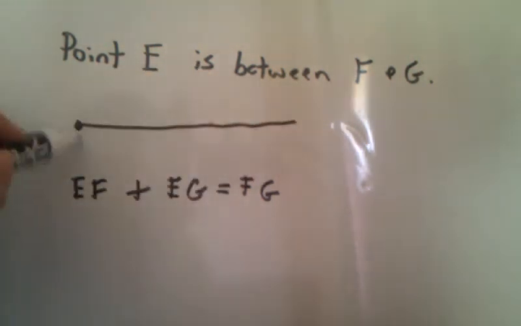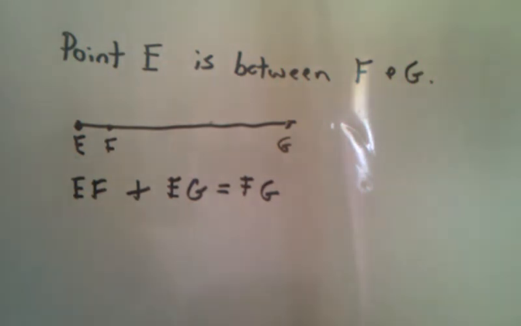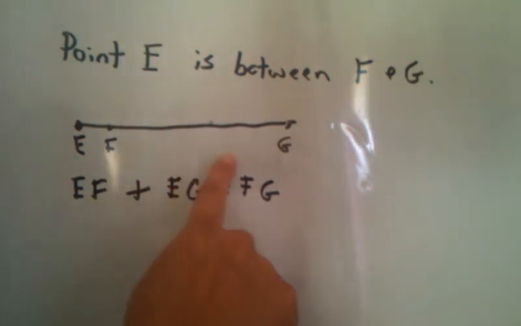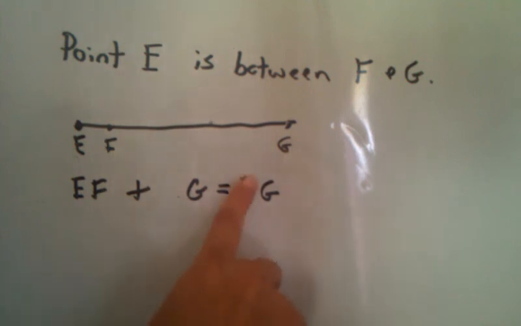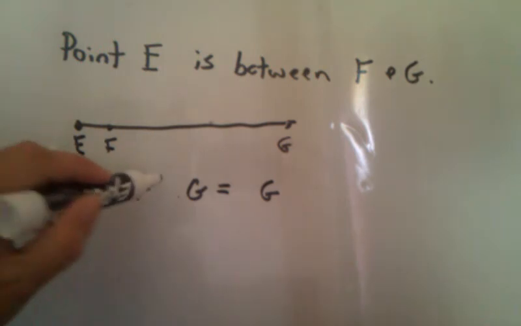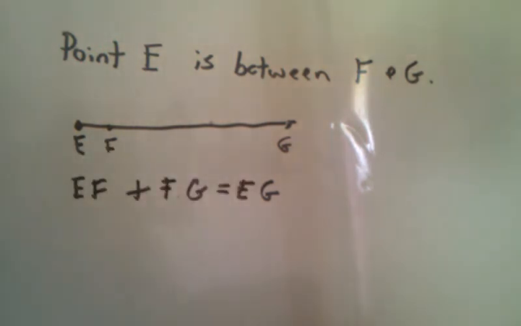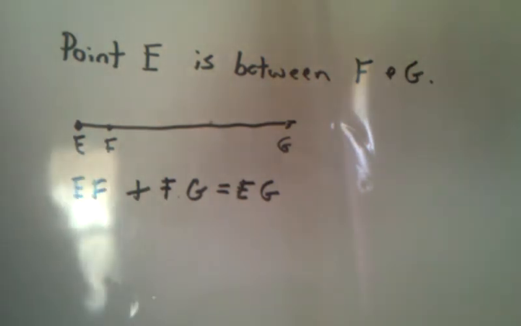I could put E, I could put F right here, and I could put G over here. And we could still say EF plus FG, EF, that should be an F. I'm sorry, I have those backwards. EF plus FG equals EG. I had those backwards, didn't I? I'm sorry. Alright, so it doesn't mean that they're the same.